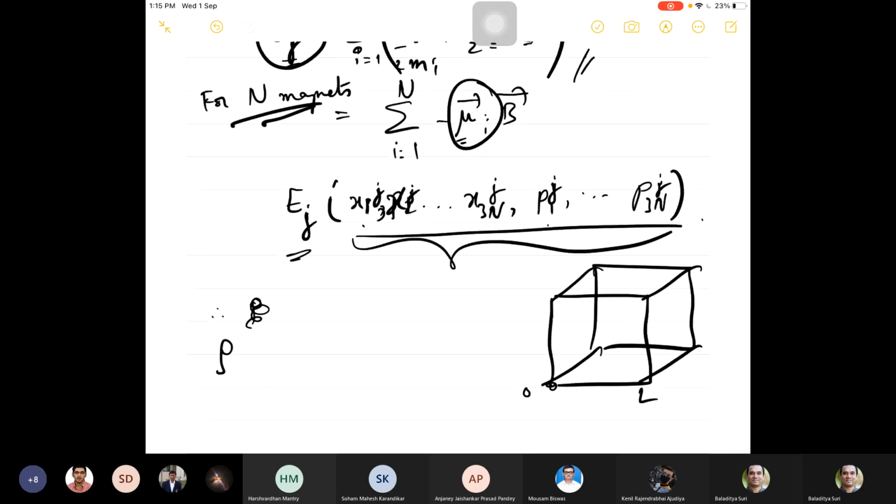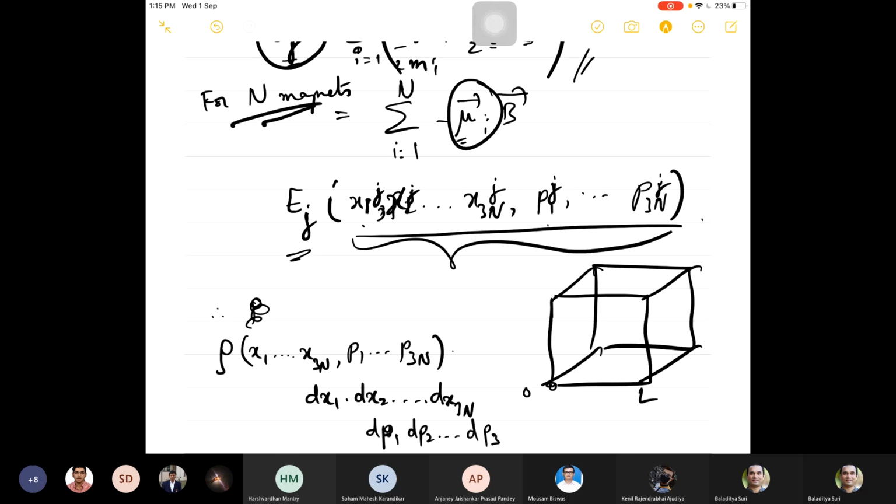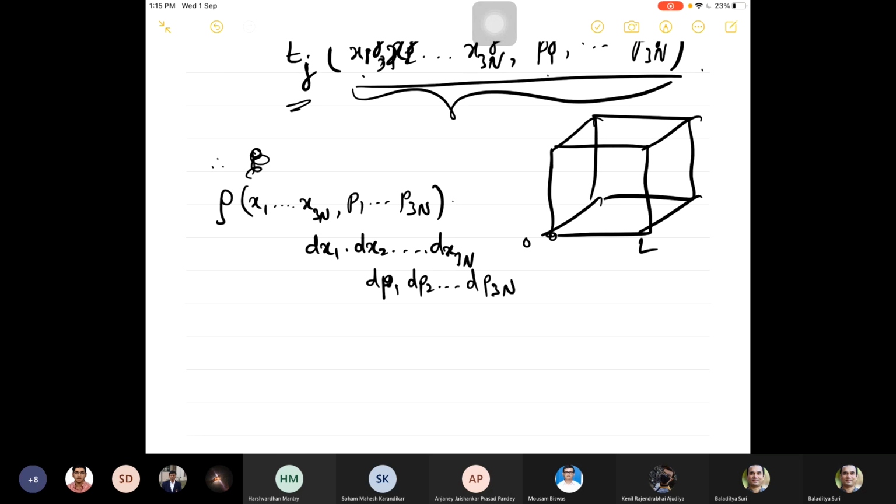So if you define a probability density that the collection of n gas molecules is around this particular point in phase space, you have all studied probability, so this is the probability density.